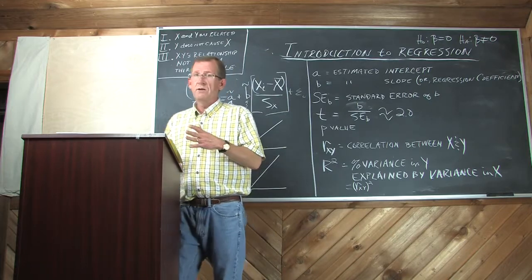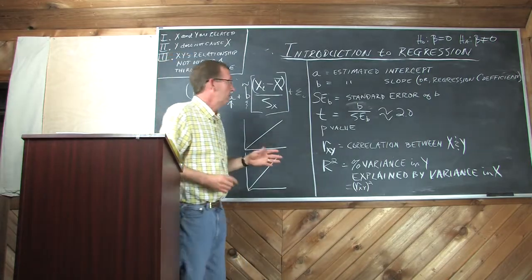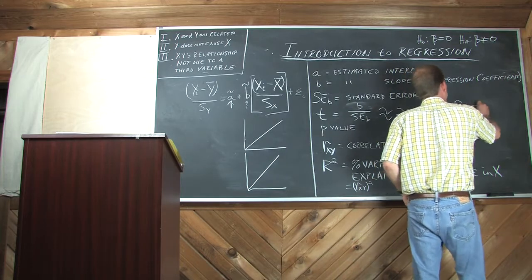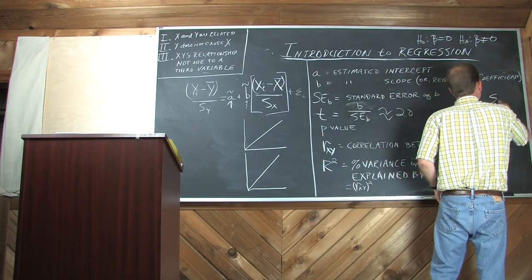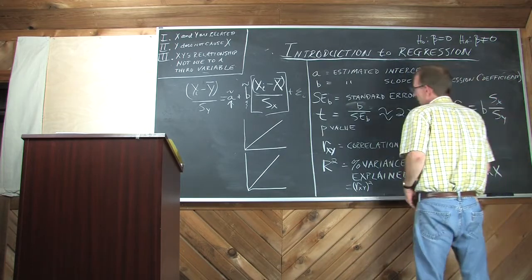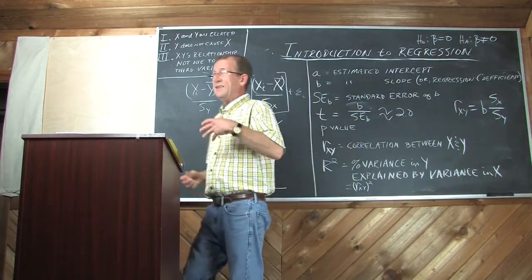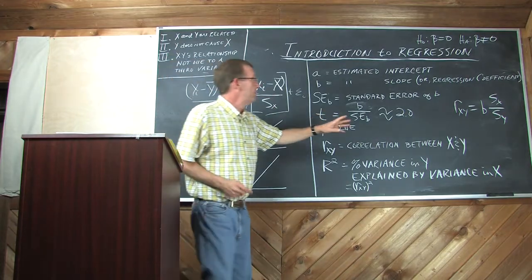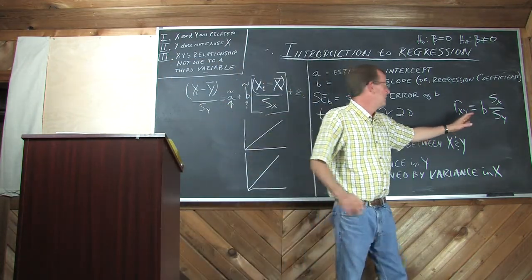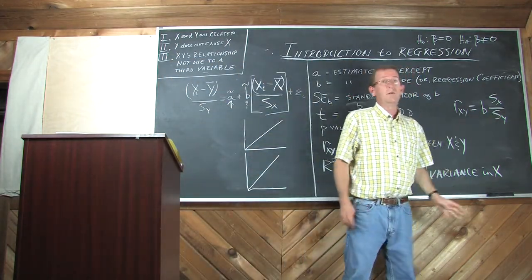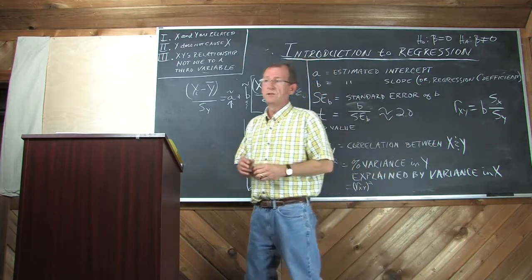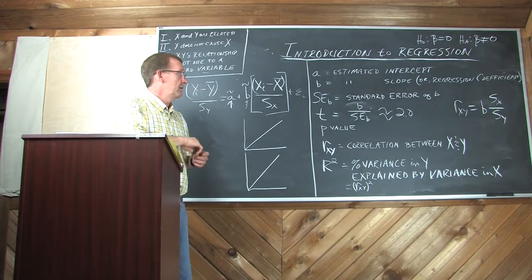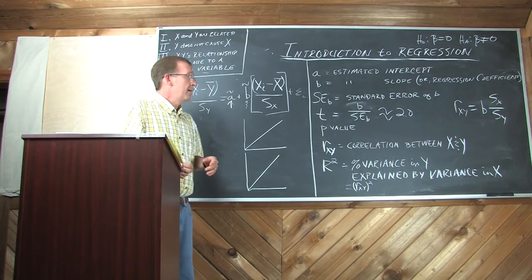The correlation coefficient is intimately related to the regression results. It is the estimated coefficient, not the standardized thing, the estimated coefficient weighted by the ratio of the standard deviations of the 2 variables, standard deviation of x over the standard deviation of y.